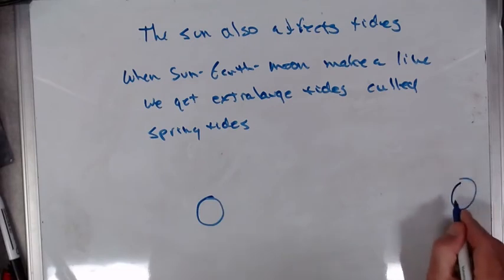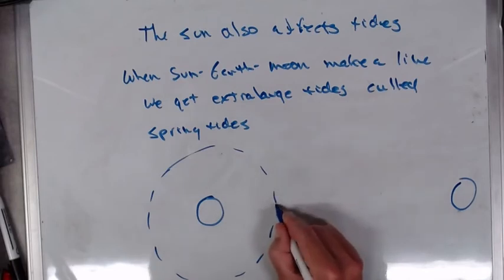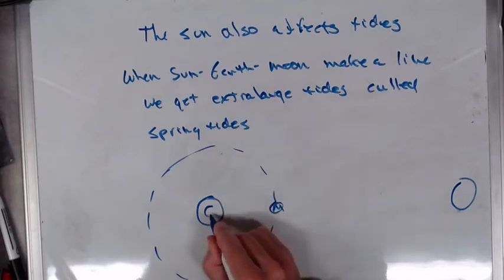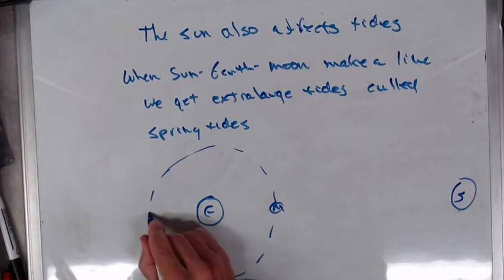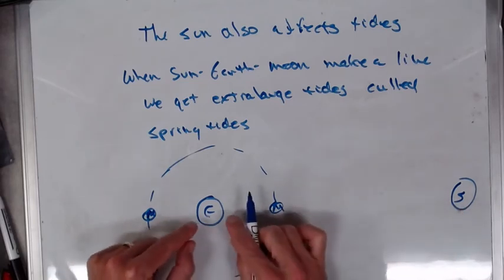Let's put the sun over here. I know this is not a scale drawing. So if I put the moon here, or here, in either one of these positions, the sun, Earth, and moon are in a line.